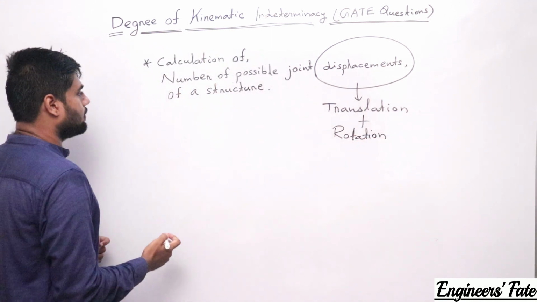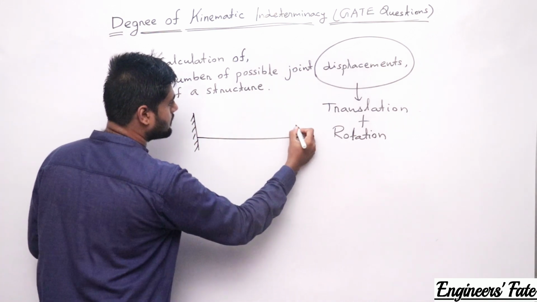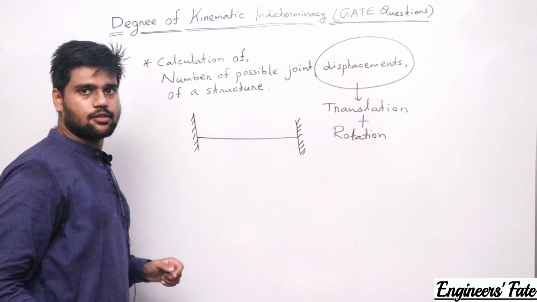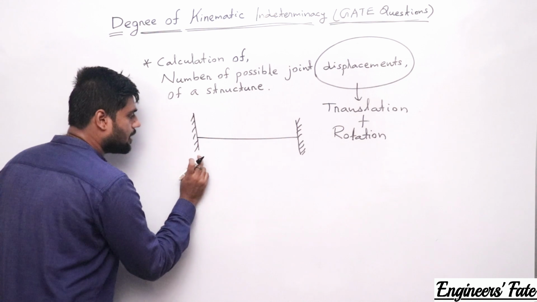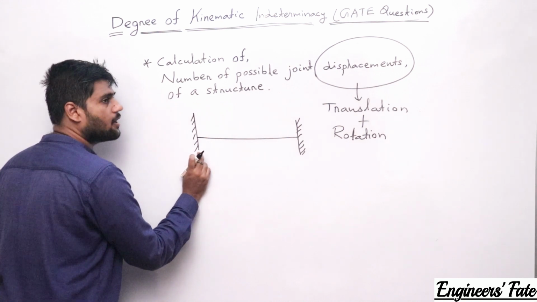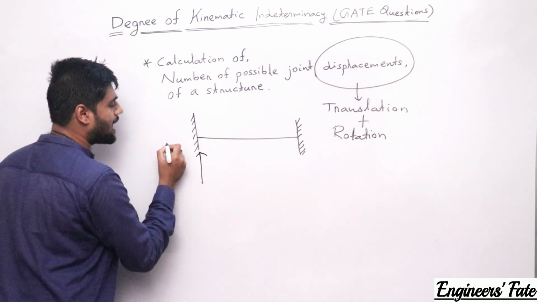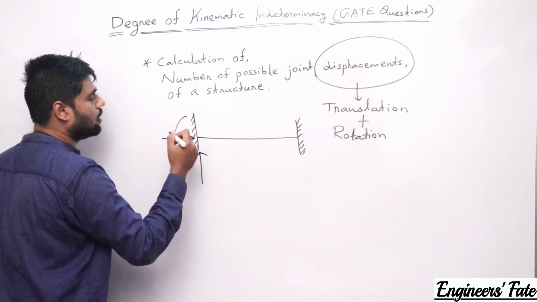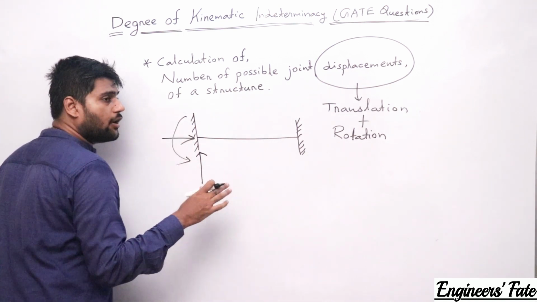To understand this, let me take an example. I have taken a beam fixed at both ends. You know that for a fixed beam the number of reactions is 3: a vertical reaction, a horizontal reaction and a moment at this end. But what is our aim?